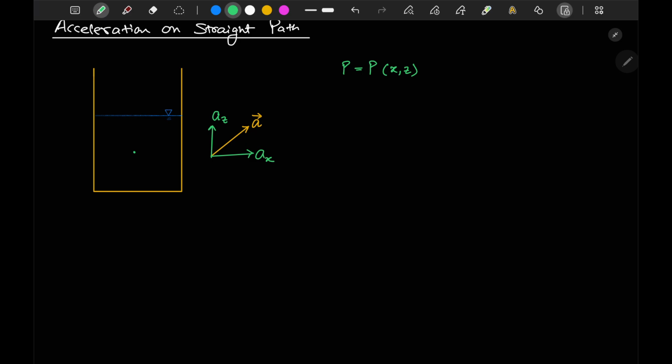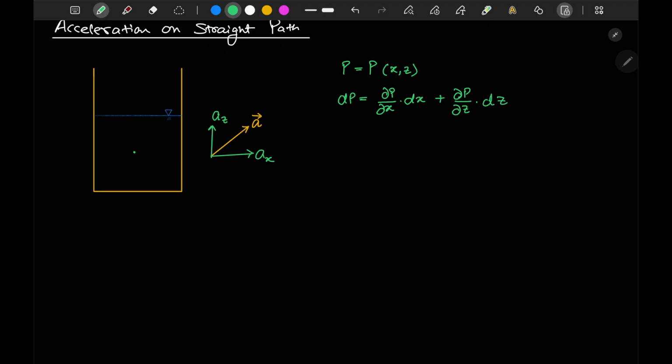Now if I differentiate it, for a small change dp can be written as del p by del x times dx plus del p by del z times dz.